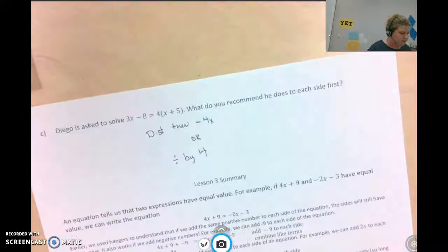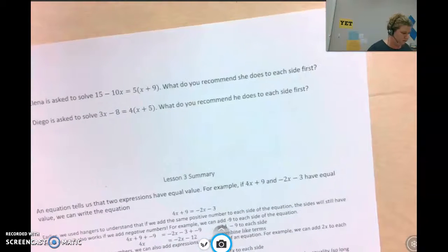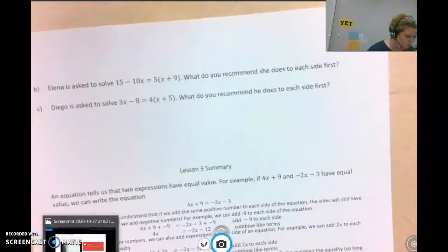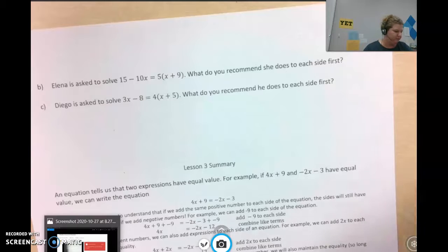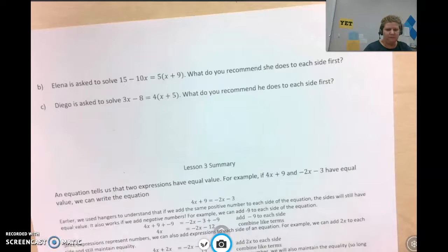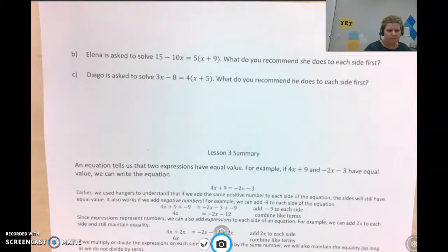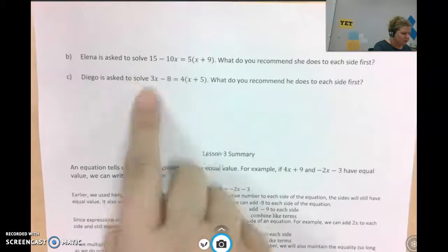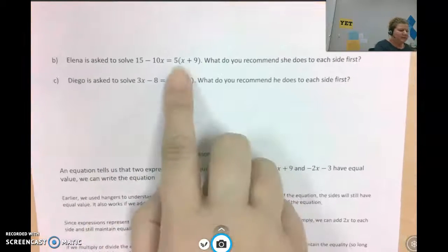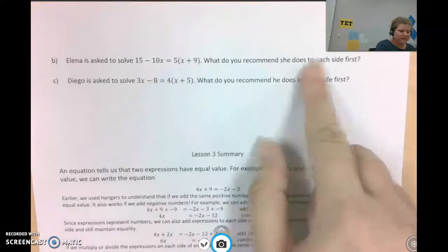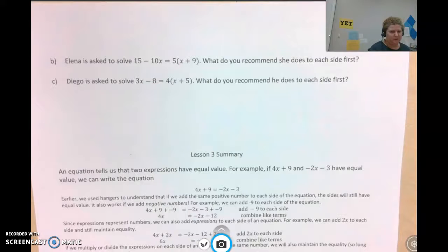Which now takes me to the last part. Okay, so we have 2 more questions, and these questions give us an equation and say what do you recommend they do first.